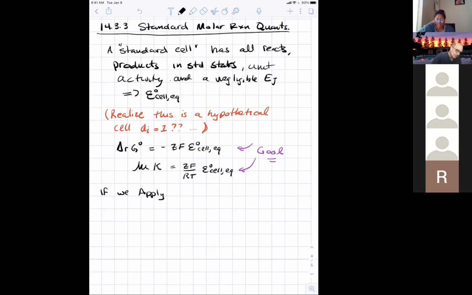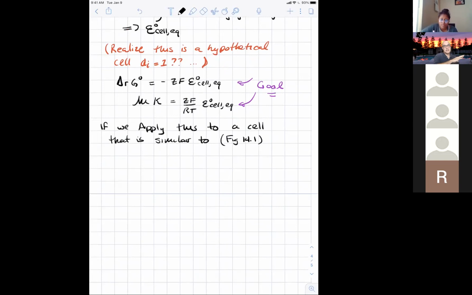So let's see an example of this. If we apply this to a cell that's similar to figure 14.1, remember figure 14.1 had a hydrogen electrode over here, and the silver chloride electrode over here.